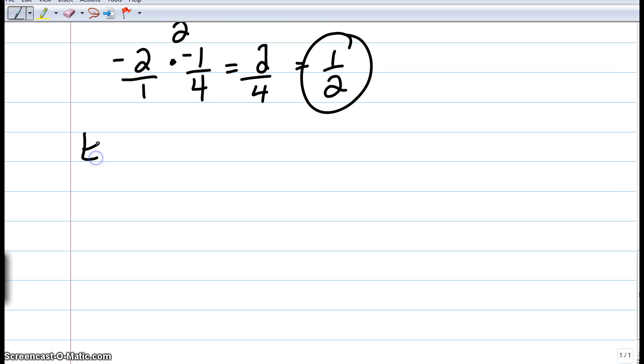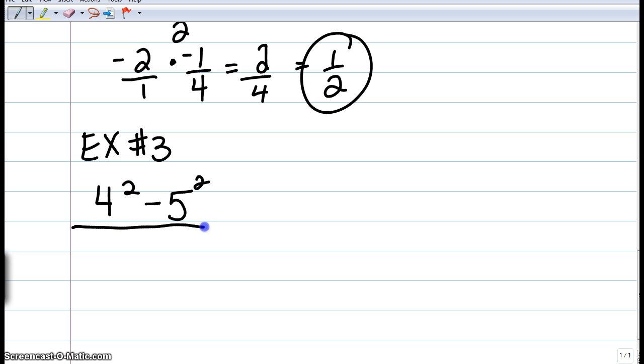Example number 3 deals with fraction bars. I have 4 squared minus 5 squared all over negative 4 plus negative 5.